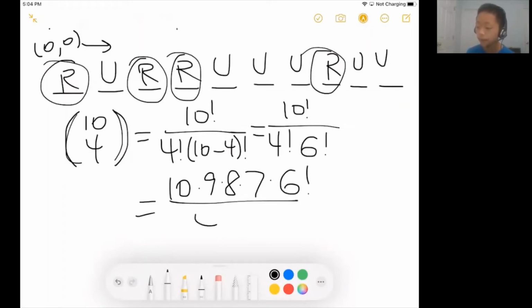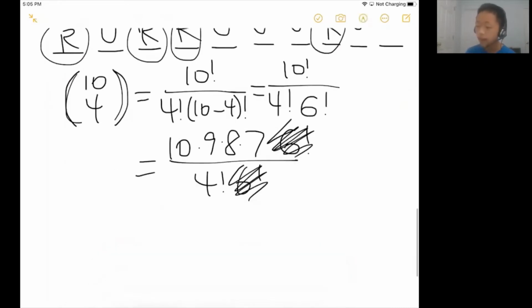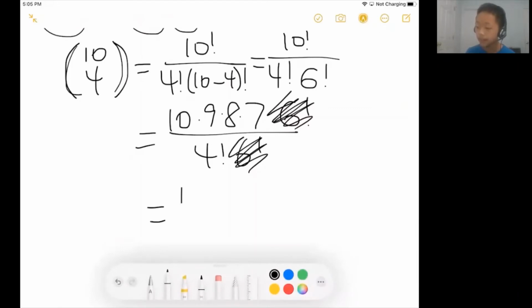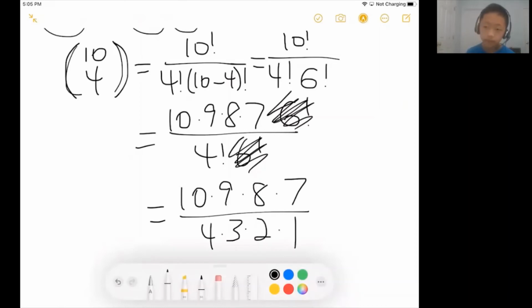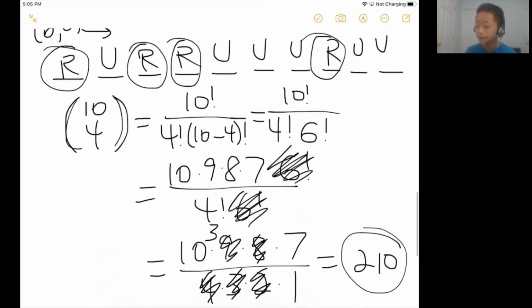On the bottom, I have 4 factorial times 6 factorial, so the 6 factorials cancel out. This simplifies to 10 times 9 times 8 times 7, and the denominator is 4 times 3 times 2 times 1. The 4 and the 2 cancel with the 8, and the 3 cancels with the 9. So this gives an answer of 210.